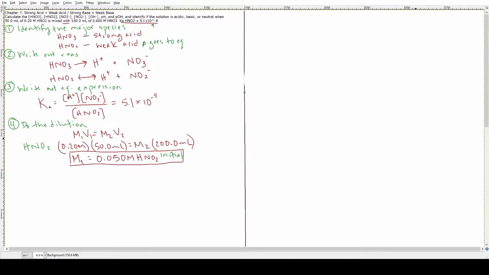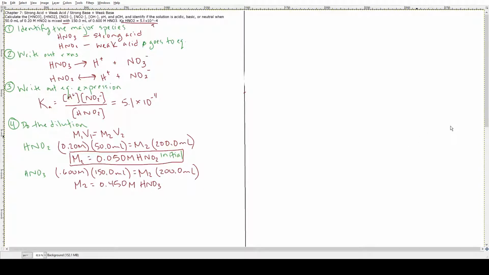So that's done. Now let's do the same thing for our nitric acid. Starting concentration of 0.600 molarity, starting volume of 150 milliliters, new concentration, new volume. So new concentration for this one, I think 3 sig figs, will be 0.450 molarity nitric acid.